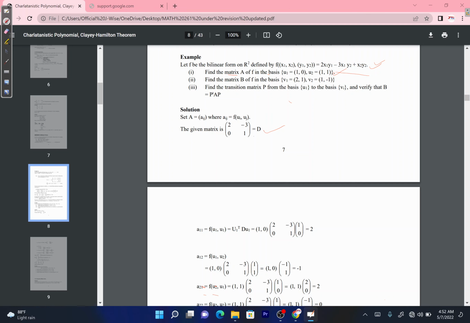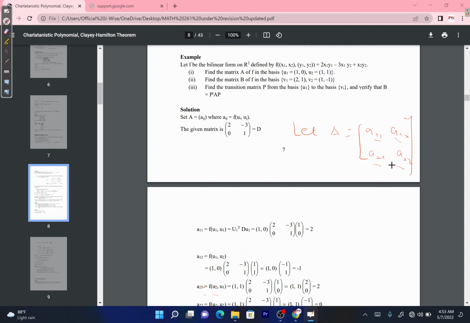Then the second row second column is 1, so we let that one be D. Now you form the matrix A, and you can let A be equal to A11, A12, A21, A22. Then you find the value of each of the elements in matrix A.